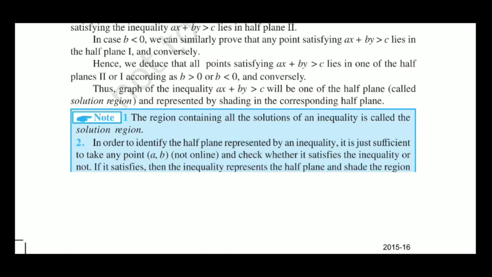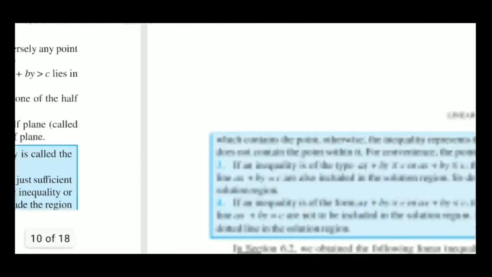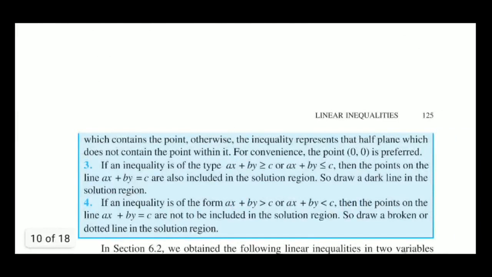If it is satisfied, then the inequality represents that half plane, and shade the region which contains the point. Otherwise, the inequality represents the half plane which does not contain the point. For convenience, the origin is the preferred point to take.